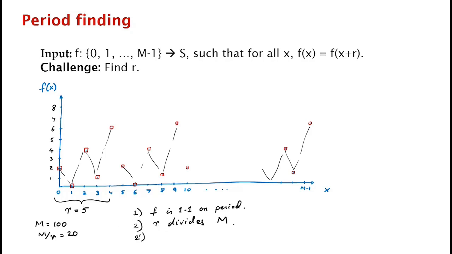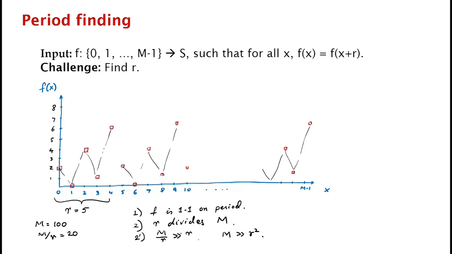So you might think of the condition that m over r is much larger than r, or in other words, m is larger than r squared. Actually, you can make period finding work with m, say, equal to 2r squared, as long as the number of periods you see is somewhat larger than the period itself.